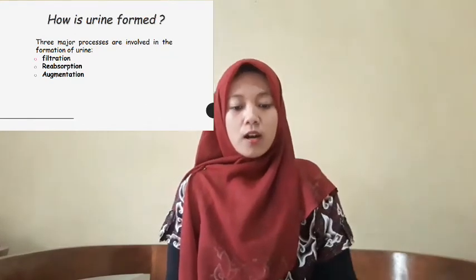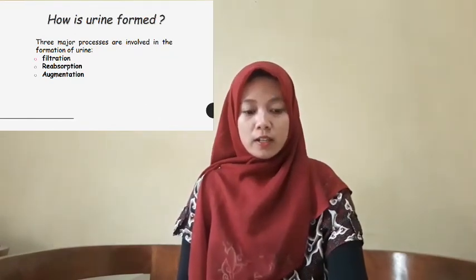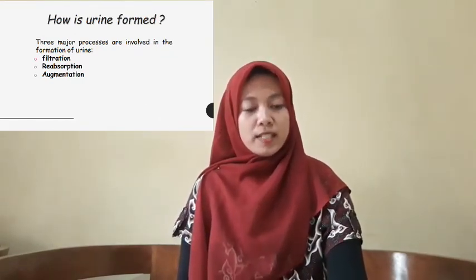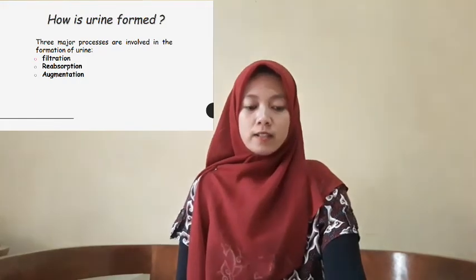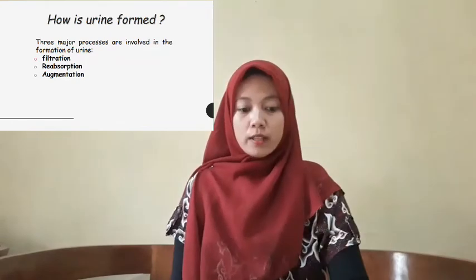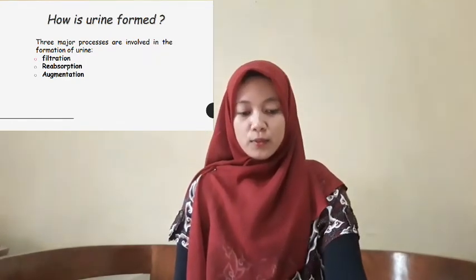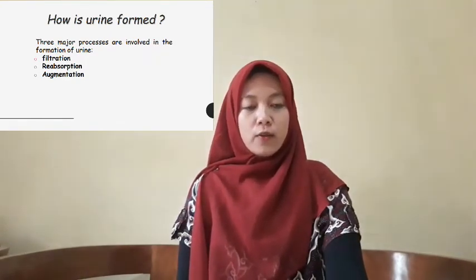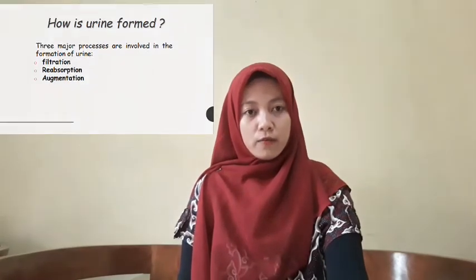Number 2, reabsorption selectively reabsorbs needed water and essential solutes from the filtrate. Number 3, secretion moves substances into the filtrate for removal as part of the urine. For more information about formation of urine, you can look at the video.